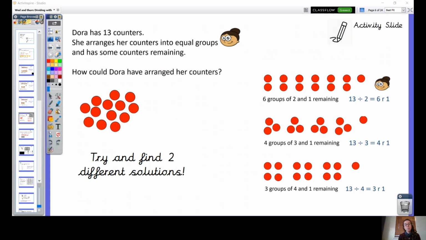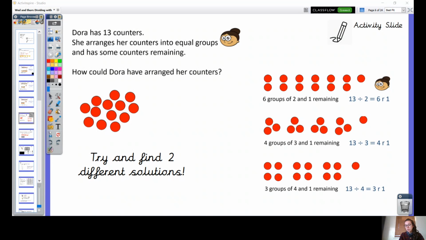You might have chosen to group them in different ways as well, but I've just given a few examples on my screen today. If you got very stuck on this question, you might want to have a go at making some of these groups and then going over the number sentence in your head now as a practice. Notice how the remainder is written.